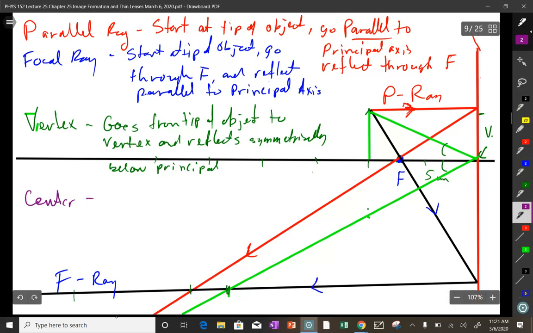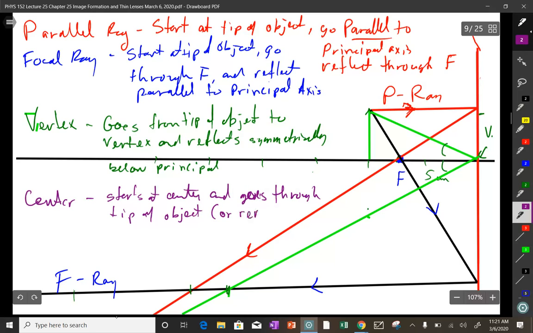The center ray starts at the center and goes through the tip of the object, or reverse. Depending on the situation, it might start at the tip of the object and go through the center and then reflect straight back on itself.